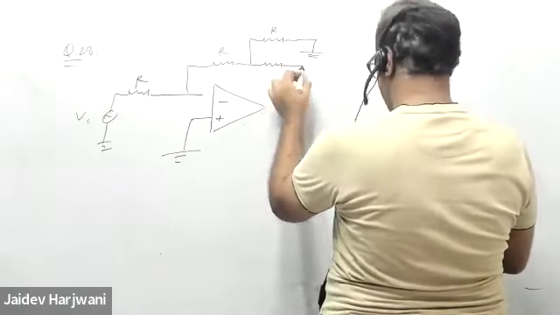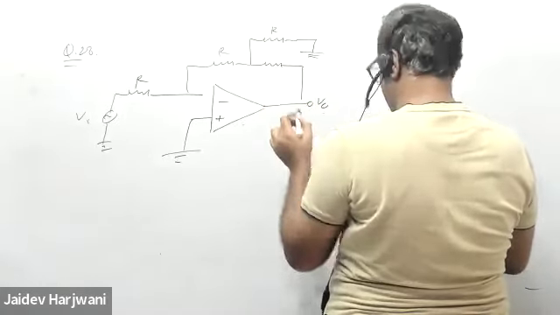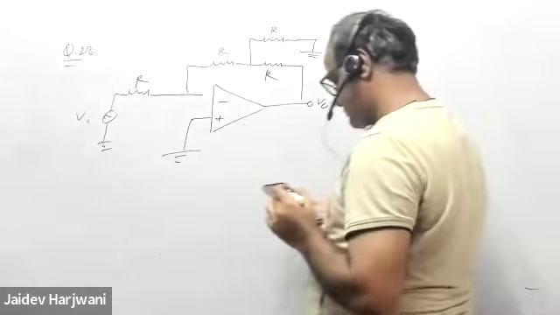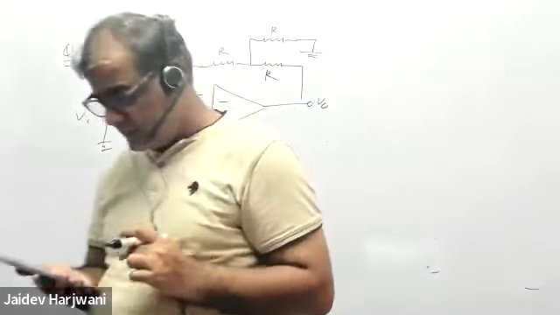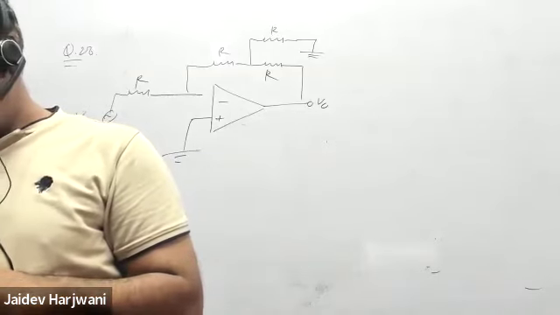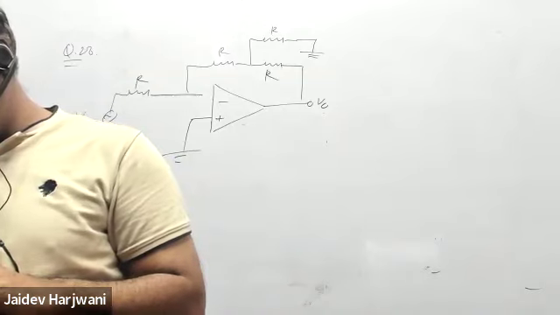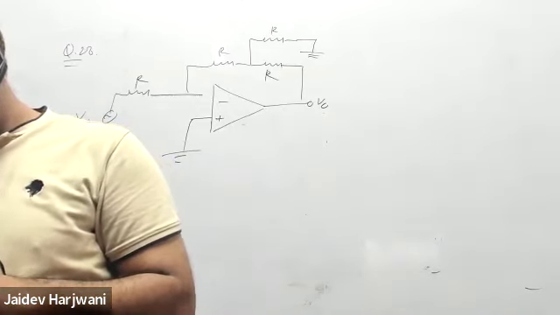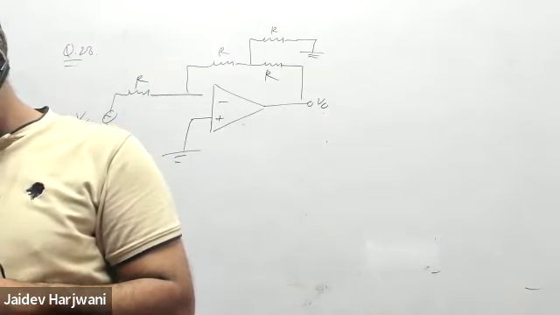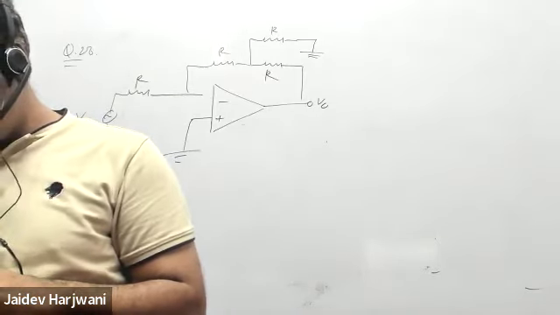And then you have an R. This is V naught. So an operational amplifier is given, VCC is 15 volt, R is 2.2 kilo ohm, V input is 2 millivolt. What is the value of V naught with respect to the ground?